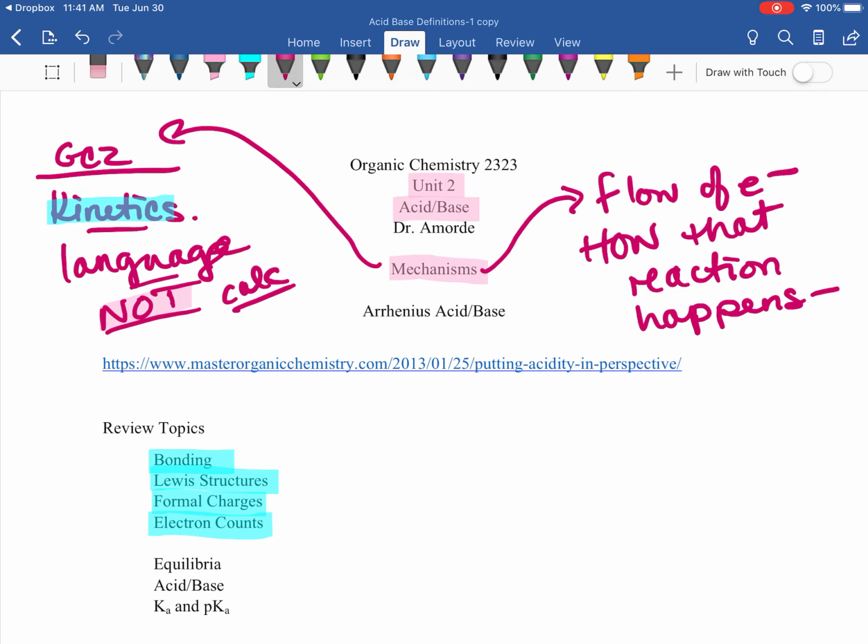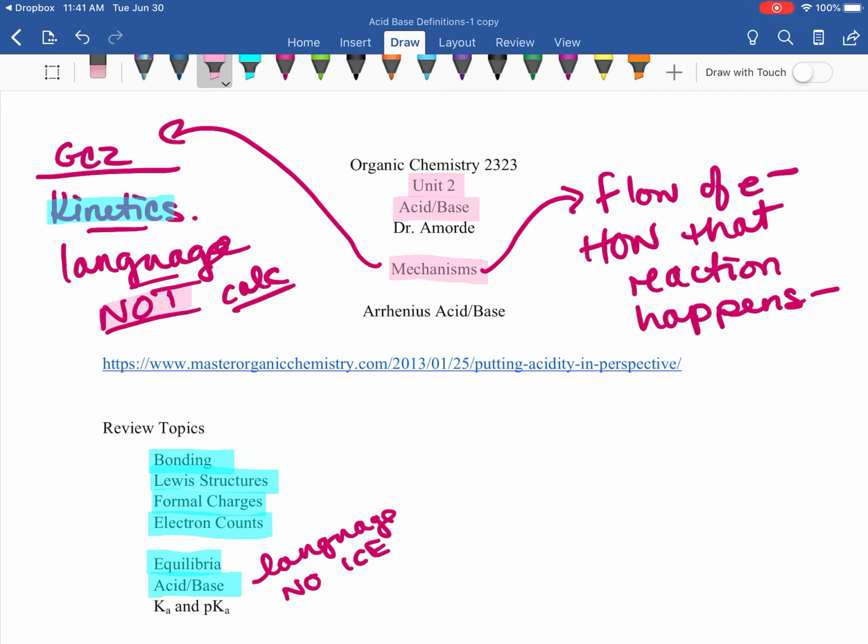And then we're also going to hit a huge area that you likely had in Chem 2, and that would be your actual acids and bases, but they're based all on equilibria. You likely had an entire section of just equilibria. We will use the language of all of this. All right, again, we're not going to calculate, so no ice tables. But we are going to use that language.